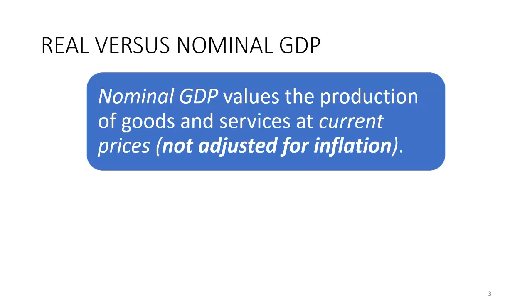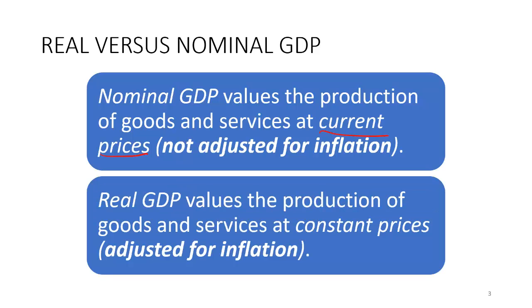So let's start with nominal GDP. Nominal GDP is the value of the production of goods and services at current prices. Now, what does the word current prices mean? It means that it's not adjusted for inflation. So basically, we want to take out the inflation. So economists came up with another concept called real GDP, which values the production of goods and services at constant prices, which is adjusted for inflation.